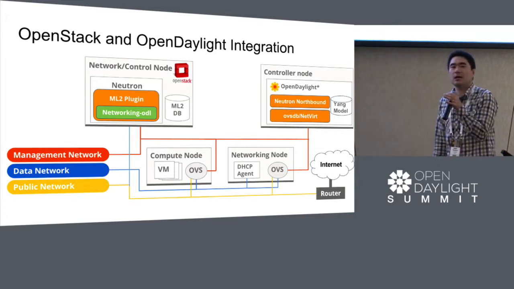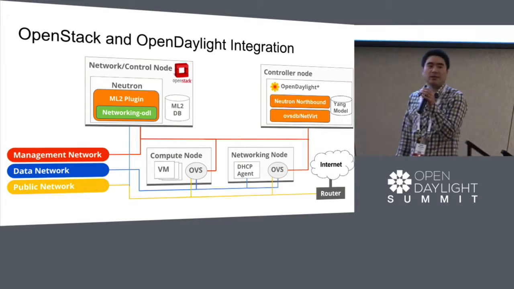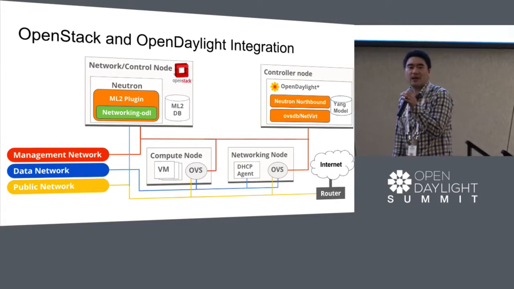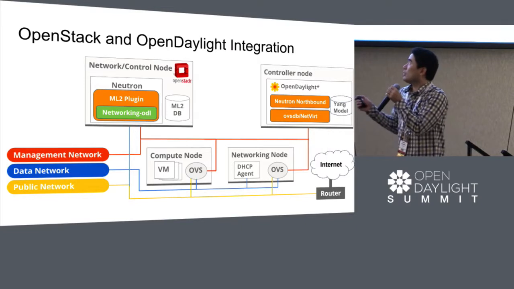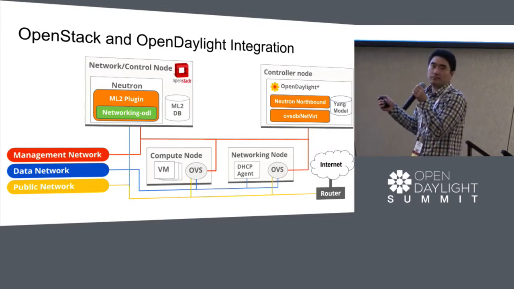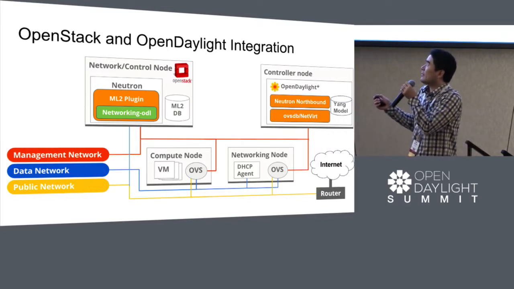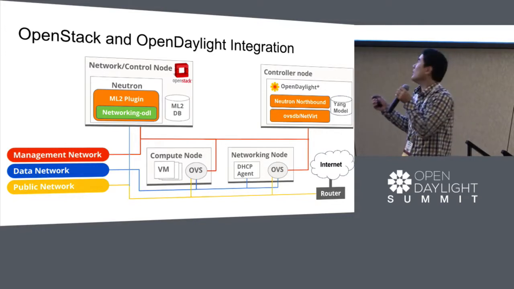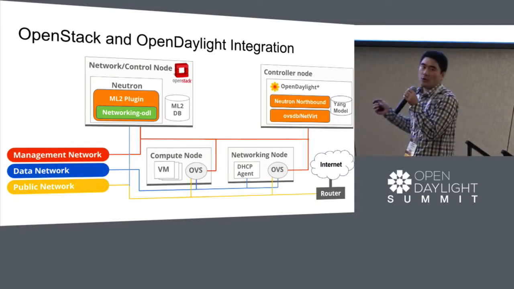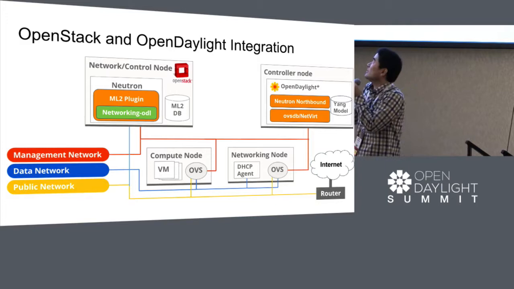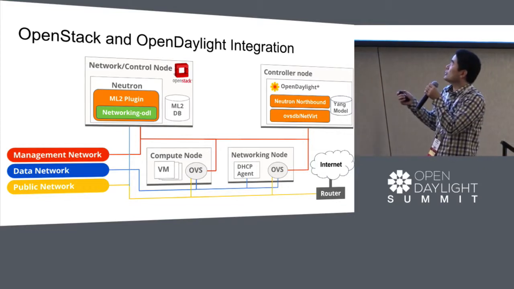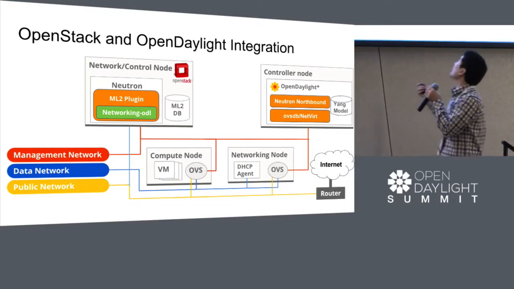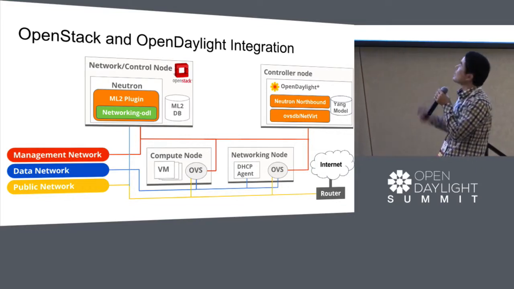OpenStack Neutron is highly configurable to support various kinds of technology. OpenDaylight is one of them. In order to support OpenDaylight, we have a driver component which works under the L2 plugin, and which talks to OpenDaylight over the management network.